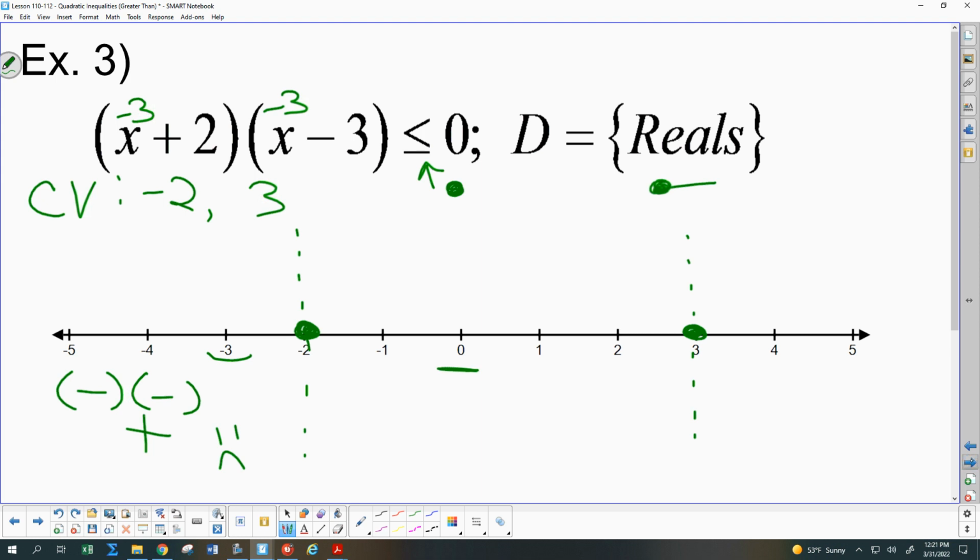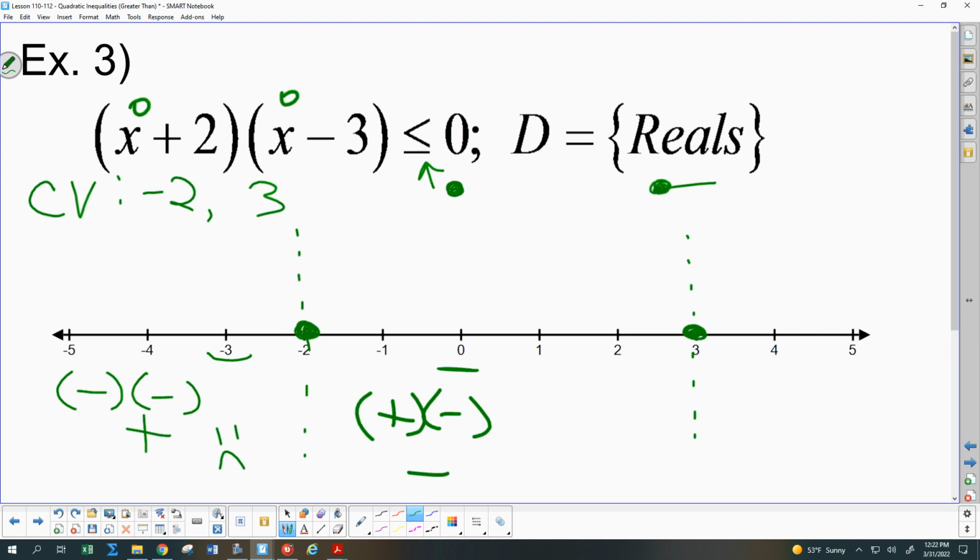Okay, now let's plug 0 in, and let's see what we get if we put 0 in for the x's. And again, we only care positive or negative. 0 plus 2, is that positive or negative, everyone? 0 minus 3, is that positive or negative? And positive times negative is, do we want a negative?